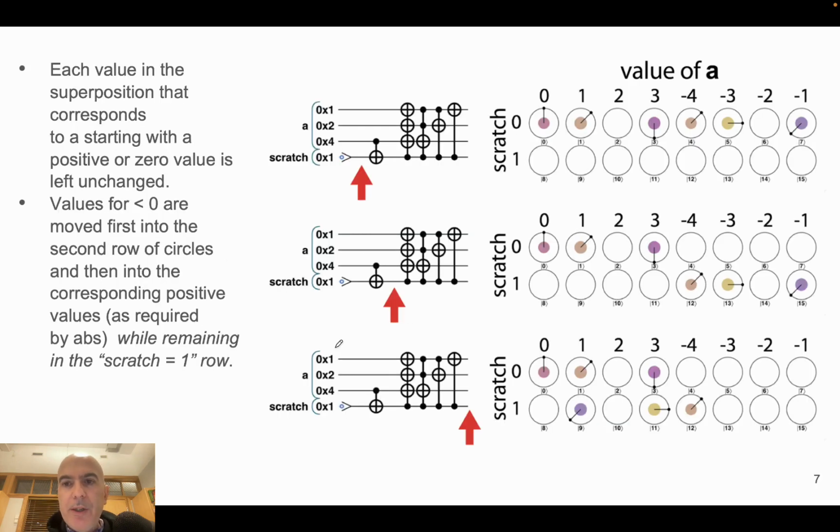Let's look at the workings of the scratch qubit circuit that we used to implement the absolute value function in quantum computing.